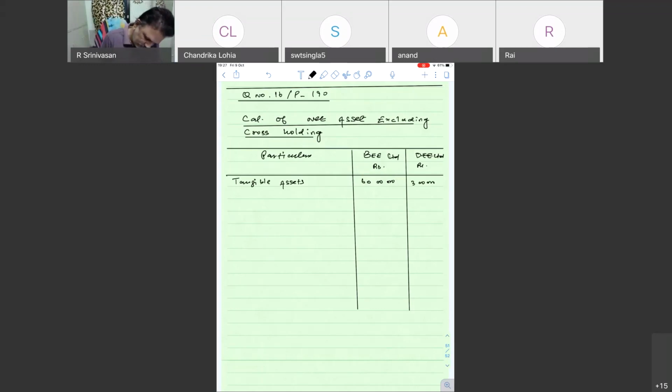Okay, inventories, current assets. Inventories are 28 lakh 80,000. Trade receivables, 17 lakh 40,000. And the cash and cash equivalents, 9 lakh 48,000.